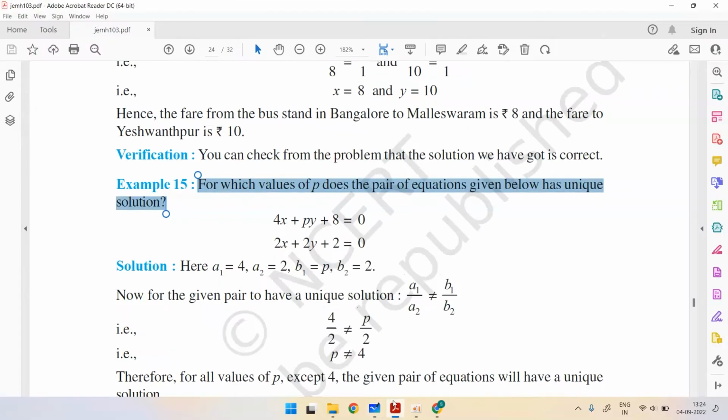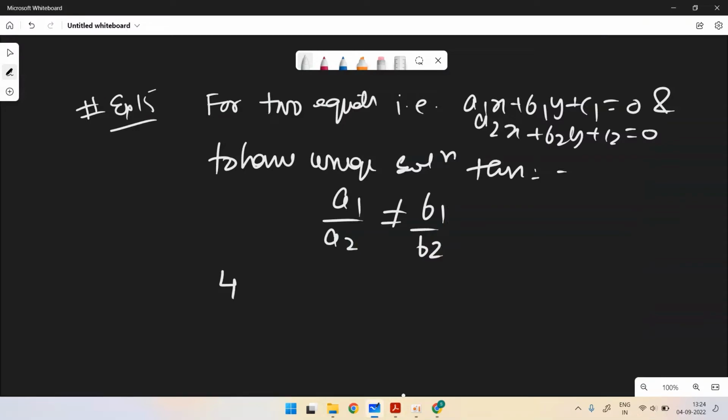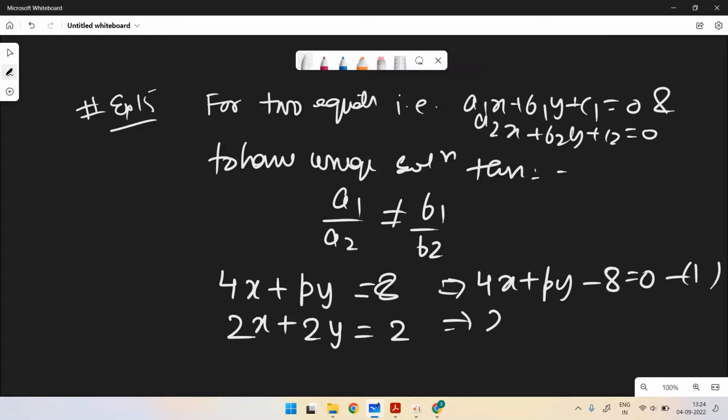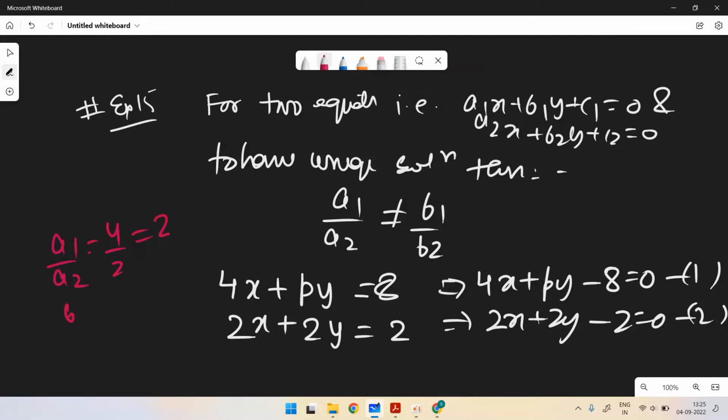Now if you consider these two equations, 4x plus py minus 8 equal to 0 as 1 and 2x plus 2y minus 2 equal to 0 as 2, then from here a1 by a2 is nothing but 4 by 2 equal to 2, and b1 by b2 is nothing but p by 2.